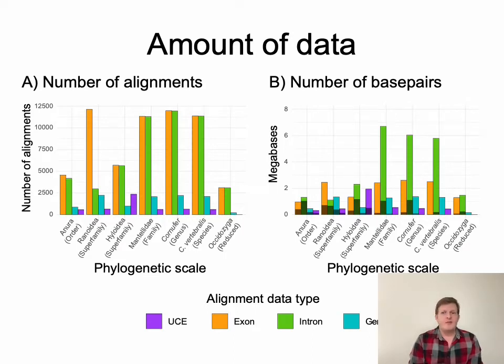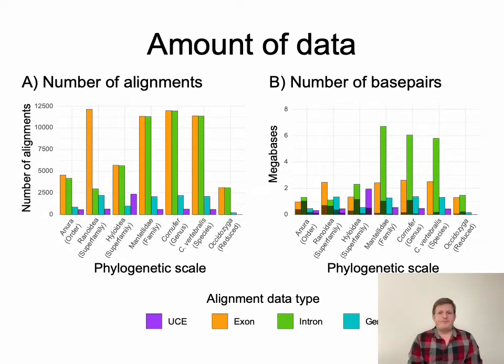In A, the number of alignments, at more shallow phylogenetic scales, like the family level and below, there is substantially more intron sequence. This is likely because there's too much variation in the introns, so at broader phylogenetic scales, the intron is very difficult to align and is thus trimmed out by the trimming programs. While at more shallow scales, from family and genus, the introns are more similar to each other and can be more easily aligned.